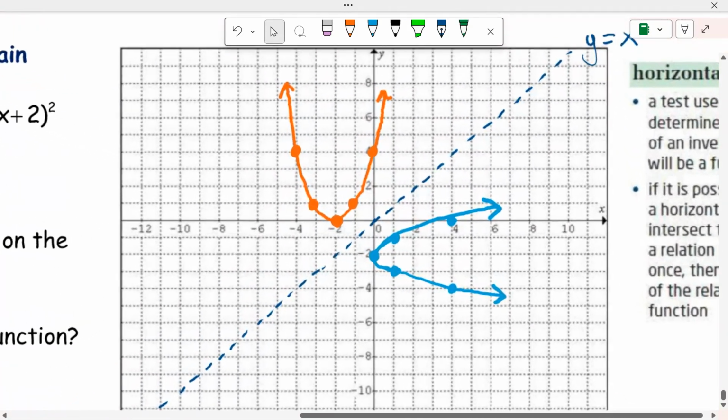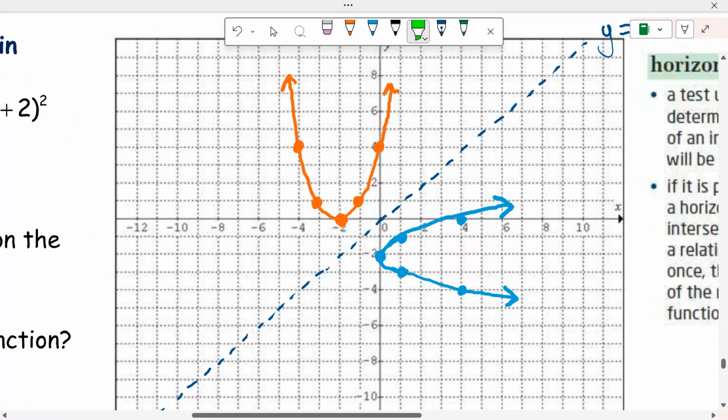So with this original graph, I need you guys to be okay that this branch right here correlates with this branch. Do you guys agree that those two branches correlate to each other? So if all I did was sketch that part of the graph of the original, would the inverse be a function?